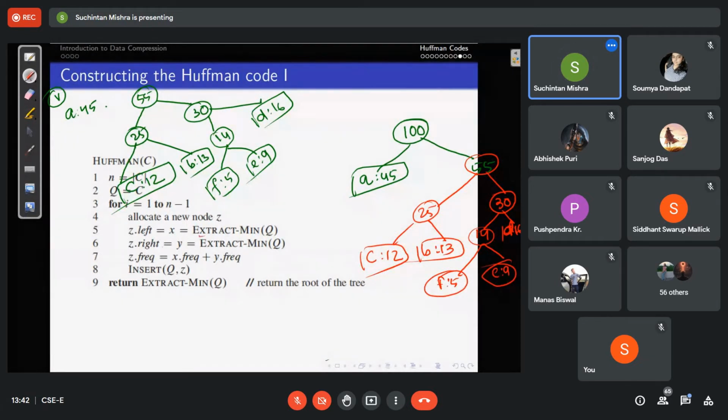This ends the algorithm. And this is the final tree that we will get. Yes, is it clear?